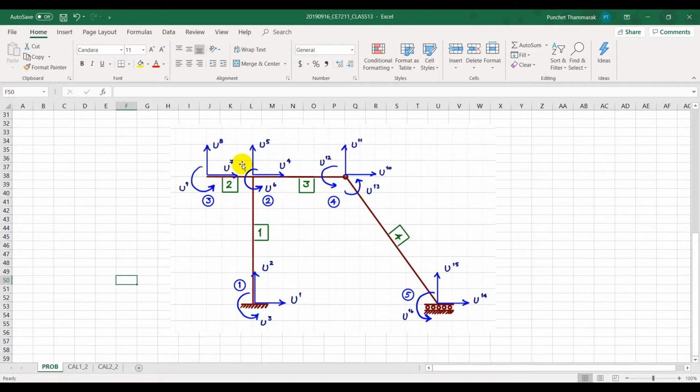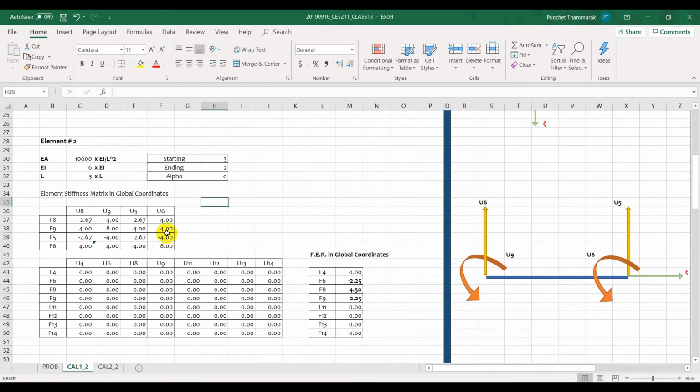So U7 is identical to U4 and U10. So I will keep only U4 in the formulation here. I will not put U7 and U10 in the formulation, so you will not see these two variables as they are the same as U4.